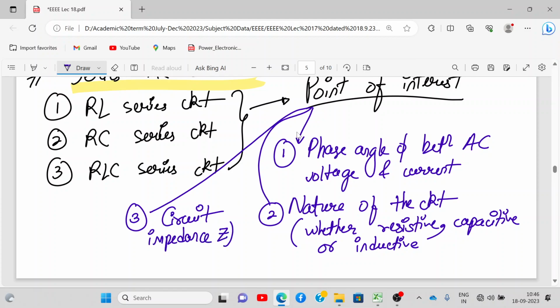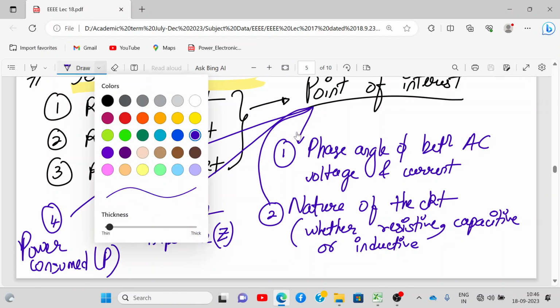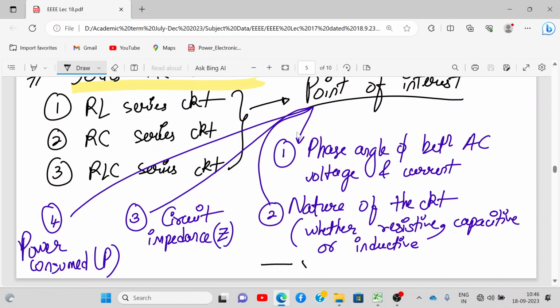Circuit impedance Z. And the last point of interest will be finding power consumed, average power consumed. So these are the things we need to find for a series RC circuit. This we should keep in mind. And that's it for this lecture.